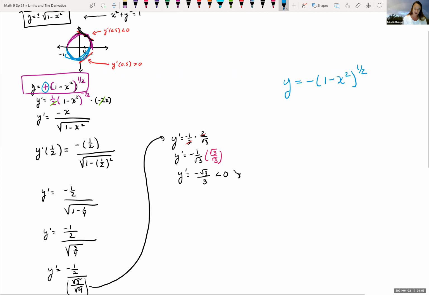And so when we took the derivative, it would have ended up that instead, because of this negative sign, the only difference would be that the sign is going to change and be positive. And so we would end up getting at the end, y prime equal to x all over the square root of 1 minus x squared.